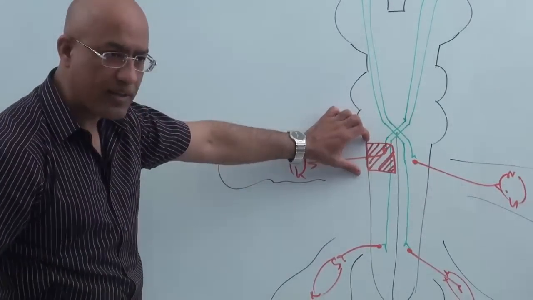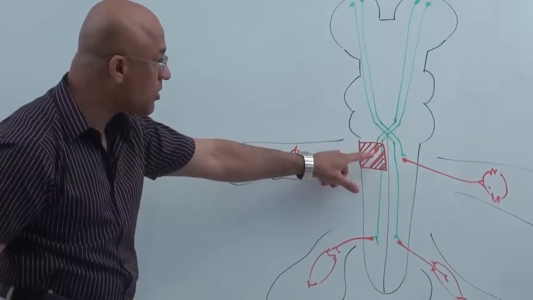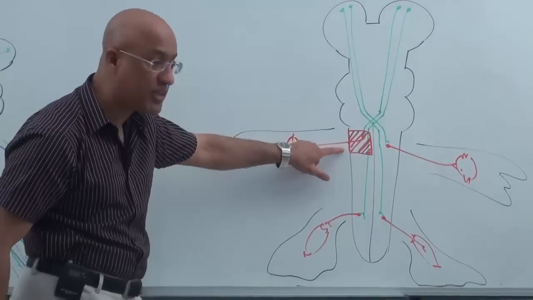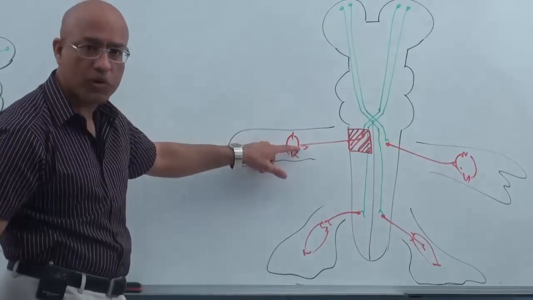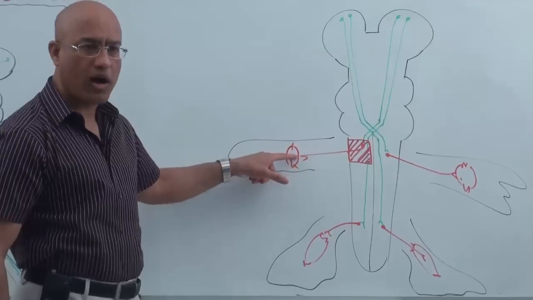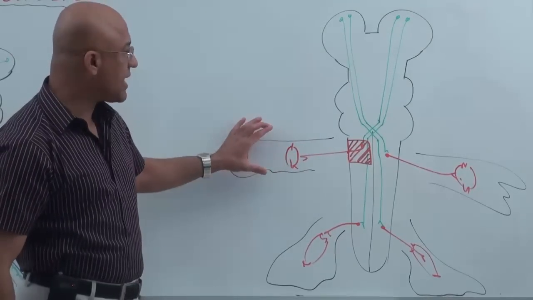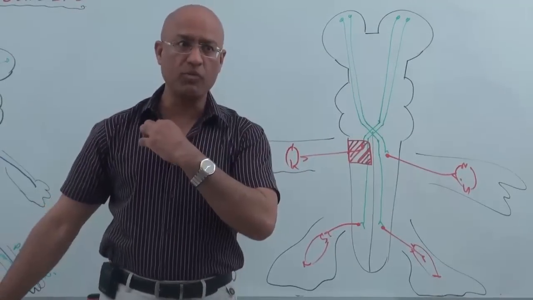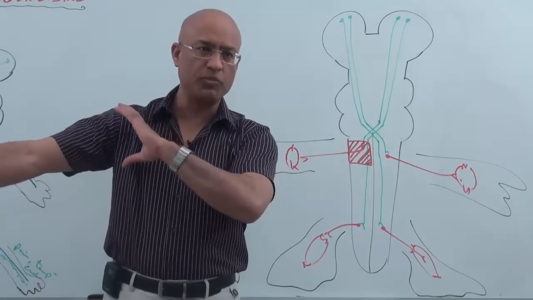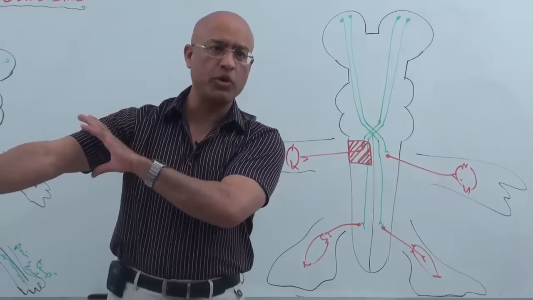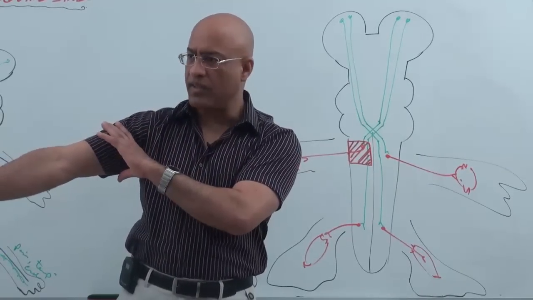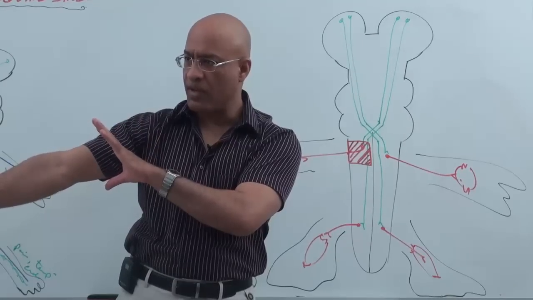At the level of lesion, ipsilaterally lower motor neurons are lost. And when these lower motor neurons are lost, it means that if the lesion was from C5, 6, 7, 8, T1, so it means the lower motor neurons which were going to the brachial plexus or innervating the muscles of the upper limb, they have lost their action, right?